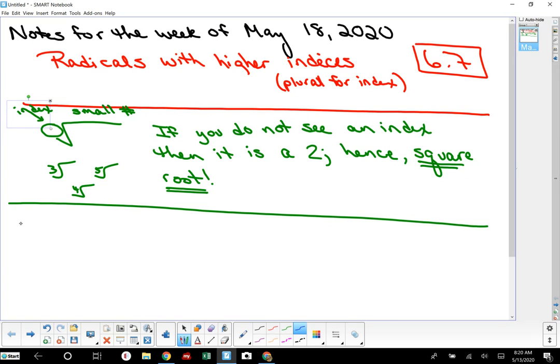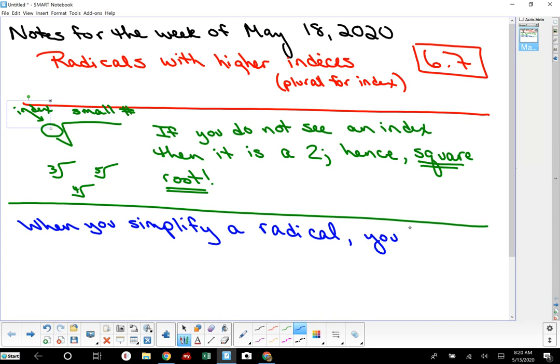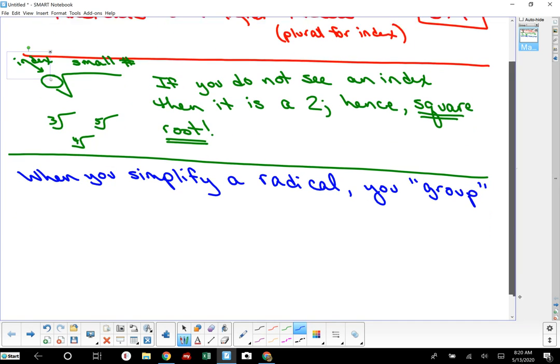When you simplify a root, a radical, actually, we'll change that number. You group, and you already know this because you've been doing square roots for a little while now.